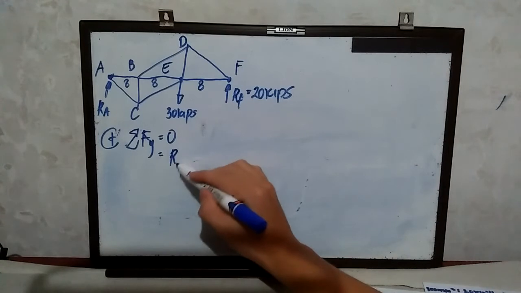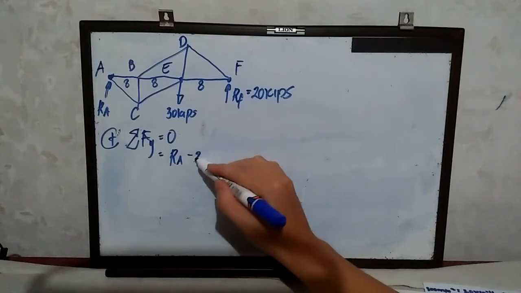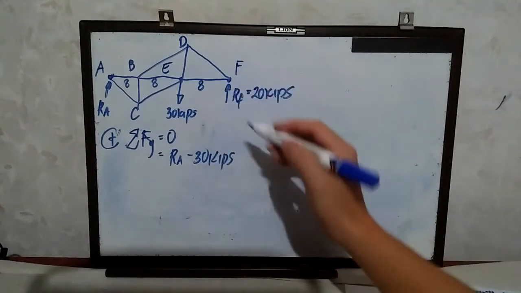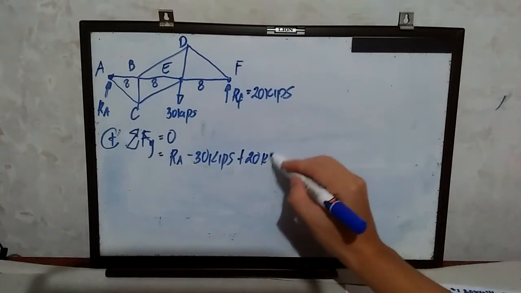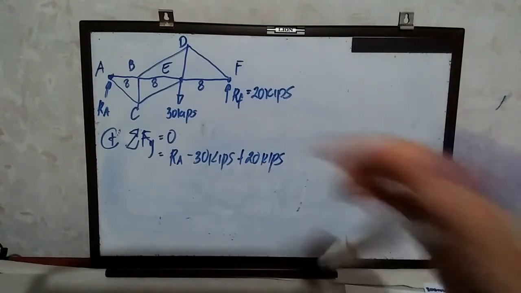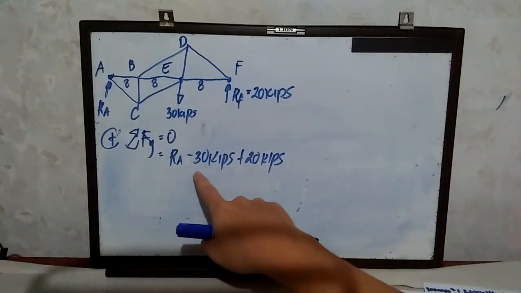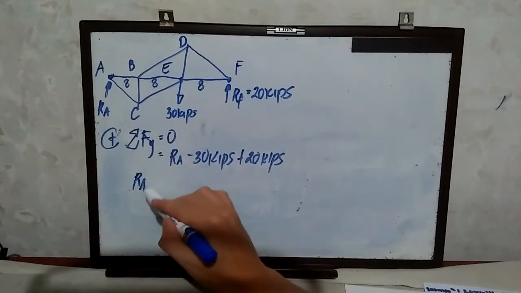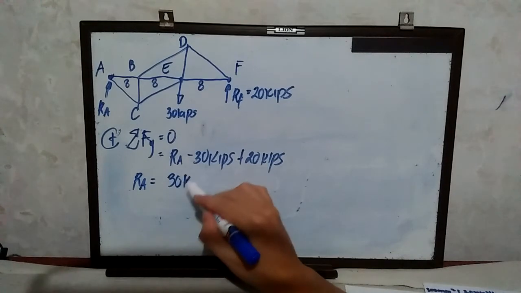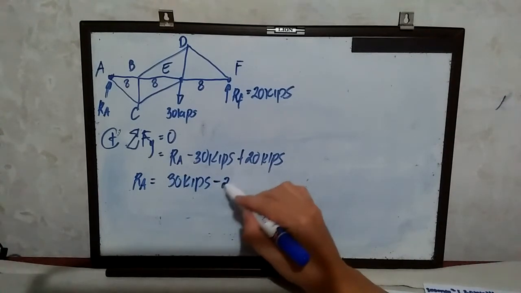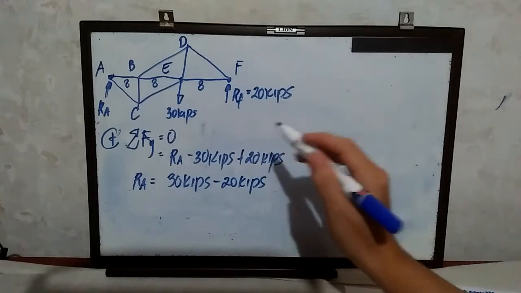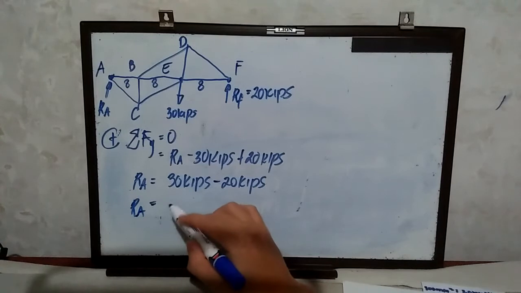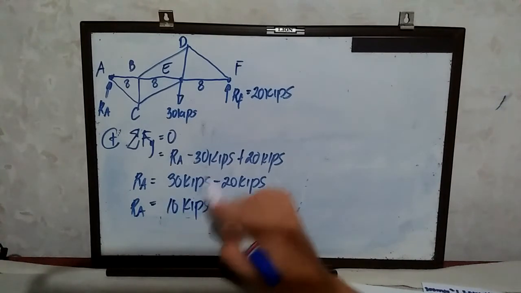So that should be r sub a positive, minus 30 kilopounds, 30 kips, and then positive 20 kips because it's going upward, and by transposition of 30 kips and 20, r sub a is equal to 30 kips minus 20 kilopounds, or 20 kips if you want. Then r sub a is basically 30 minus 20, equivalent to 10 kilopounds.